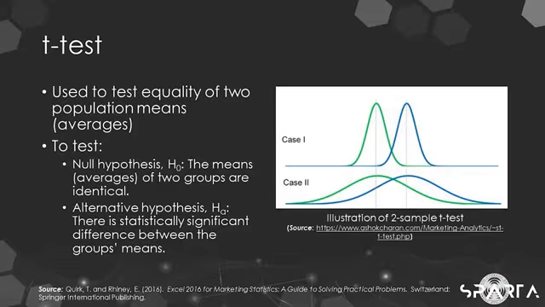To illustrate how the t-test works, consider case 1 and case 2, where the difference in the means is being compared. In both cases, the difference in the means is the same.